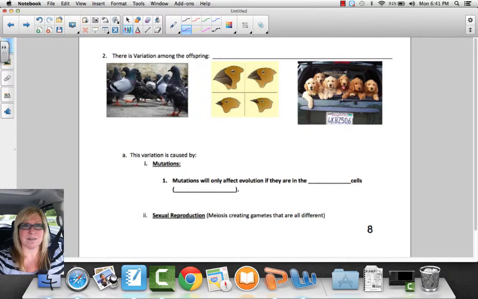There is variation among offspring. We learned this. What do we mean by variation? Offspring from the same parents are genetically different.